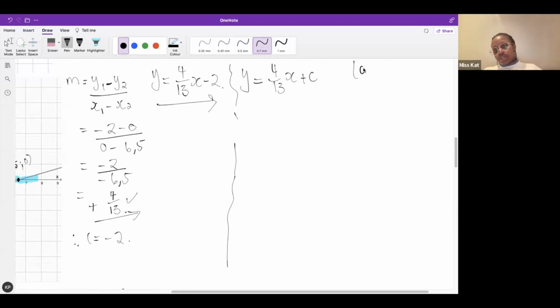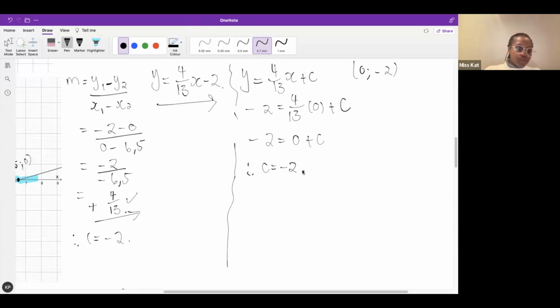So I'm going to use the point 0, -2. Let's substitute. My y is -2 equals 4 over 13 times x, which is 0, plus c. What is anything times 0? Yes, Abu Khan. There we go. Plus c, therefore c is -2.